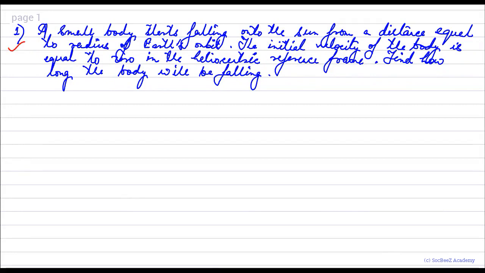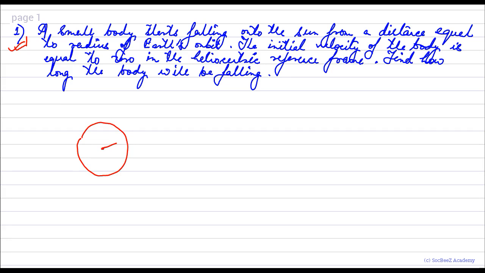So this is my first problem. A small body starts falling onto the sun from a distance equal to the radius of the Earth's orbit. The initial velocity of the body is equal to 0 in the heliocentric reference frame. Find how long the body will be falling. So in this problem I have the sun.